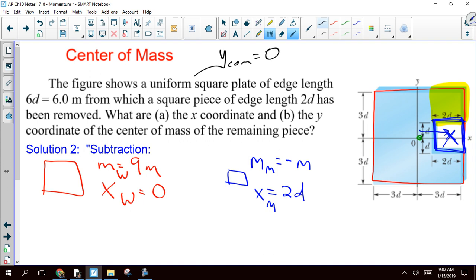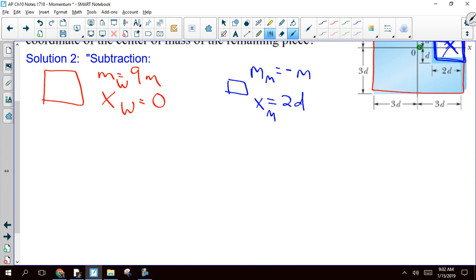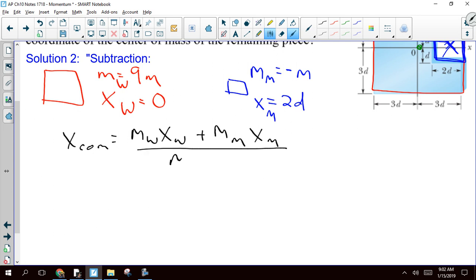So here we go, let's find our center of mass. The position of our center of mass is the mass of the whole times the position of the whole plus the mass of the missing bit times the position of the missing bit, all over the mass of the whole plus the mass of the missing bit.